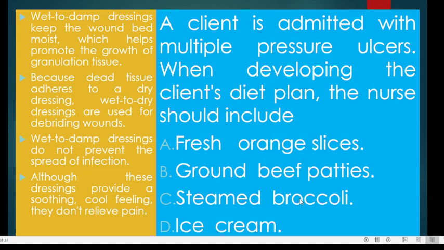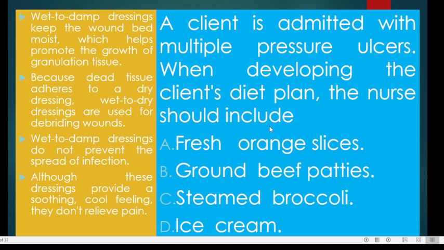And doing so keeps the wound bed moist, which helps in the growth of the granulation tissue, thus contributing to the healing, okay?